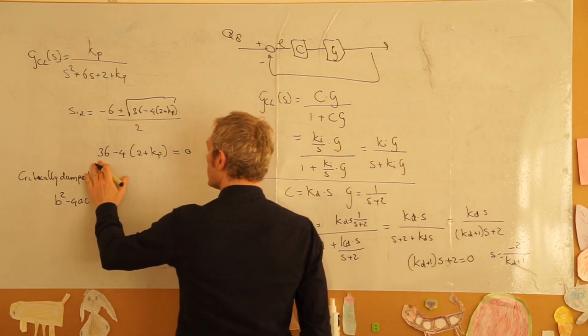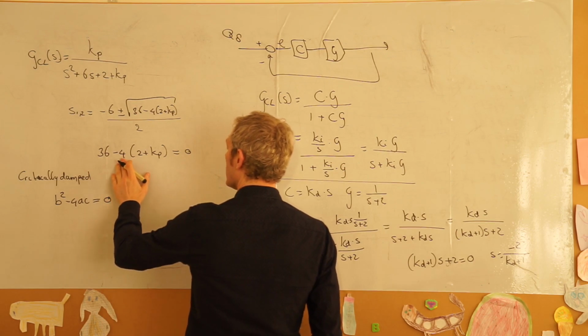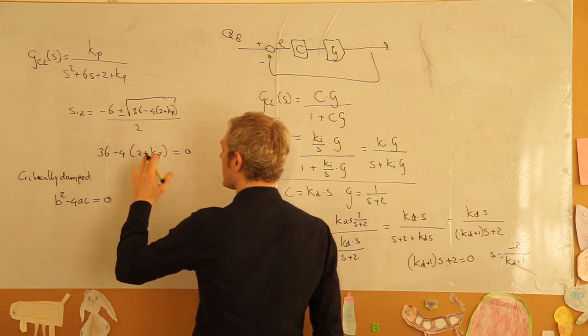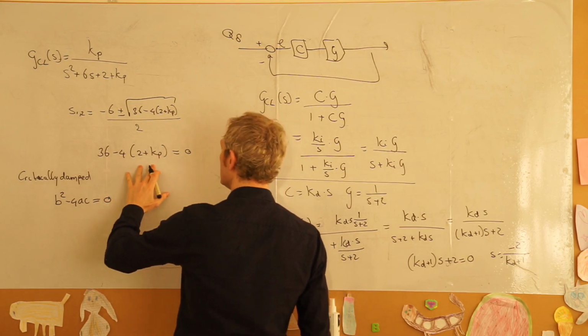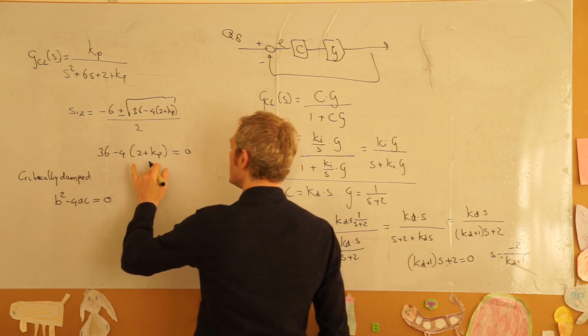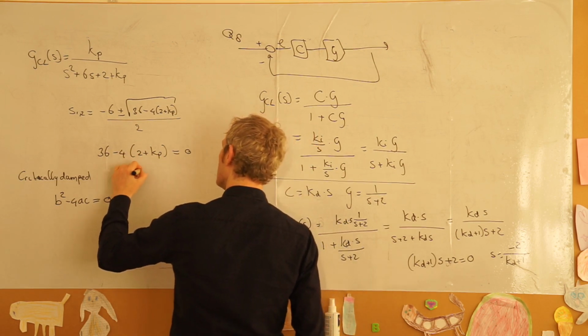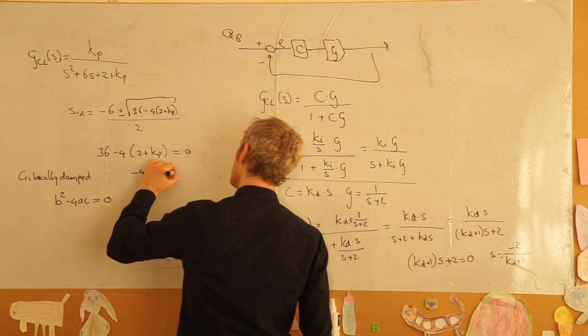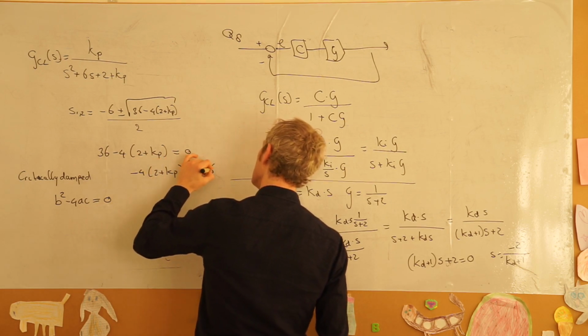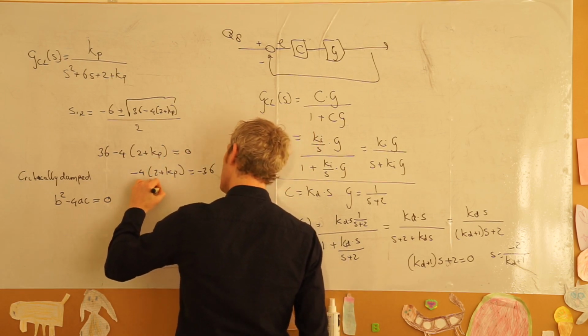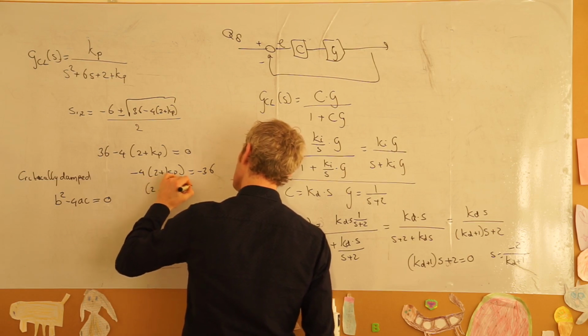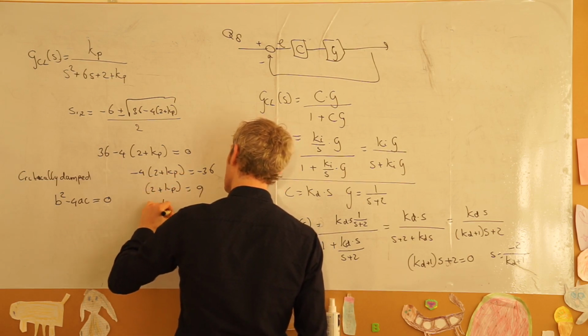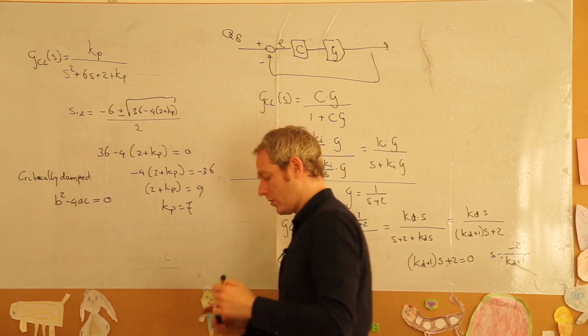If that is 0, so we have b squared minus 4ac, and in our case a is equal to 1, and this is the case if we can write minus 4 times (2 plus Kp) is minus 36, so 2 plus Kp must be equal to 9, and that's the case for Kp is equal to 7.